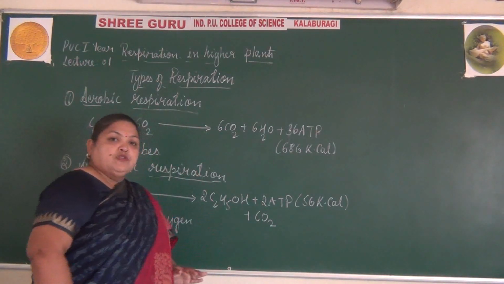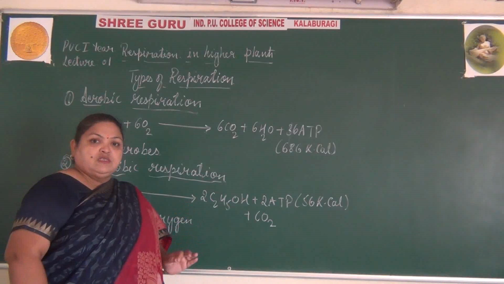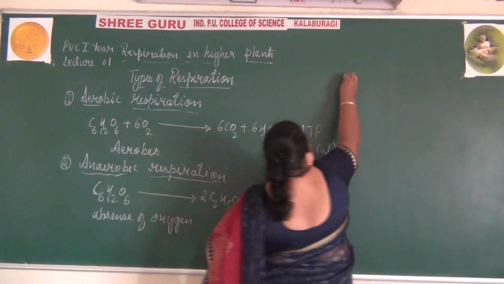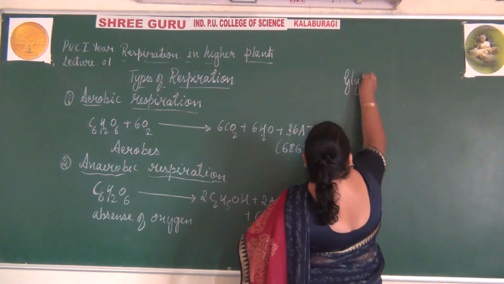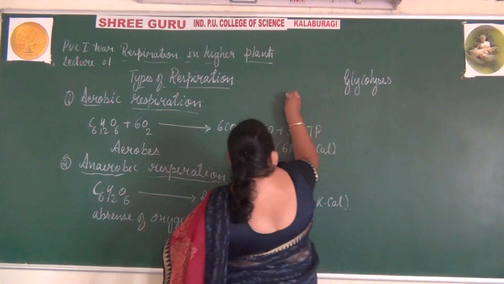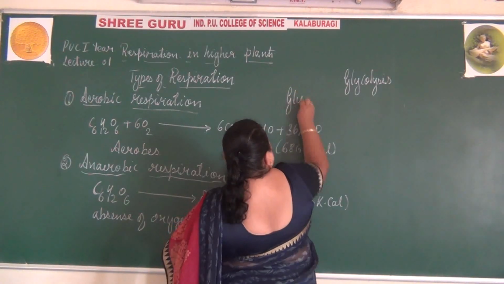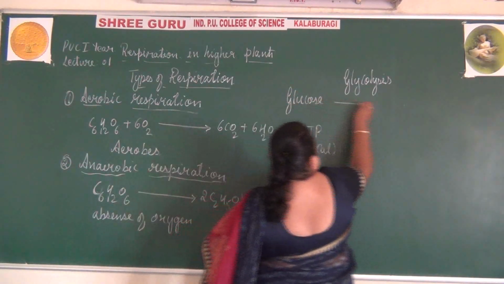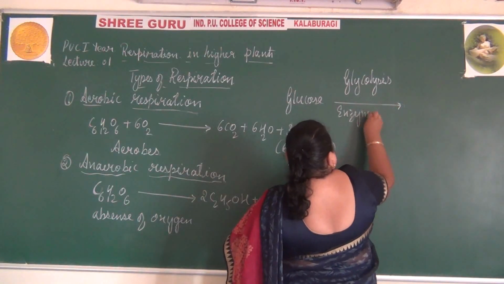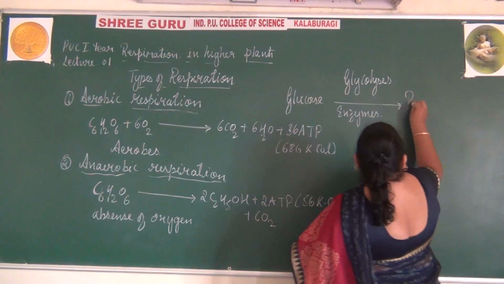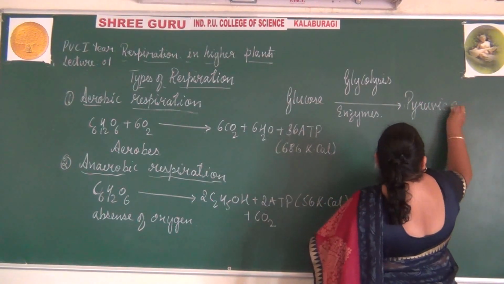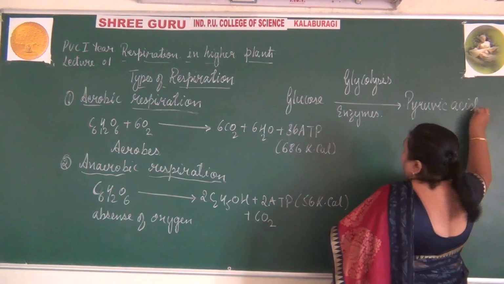In both the processes, the first process is known as glycolysis, where the complex glucose molecule in the presence of enzymes is converted into pyruvic acid.